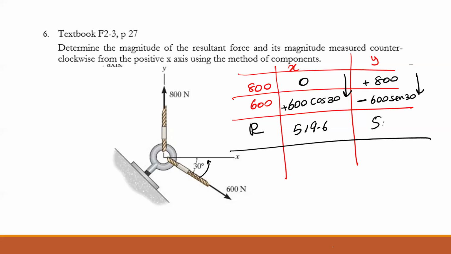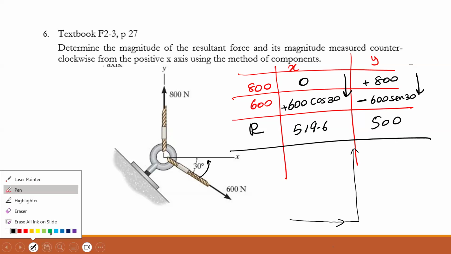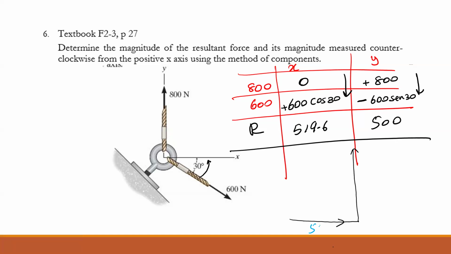So this is 500. Now we can draw it. 519.6 towards the positive x side, 500 towards the positive y. So this is 519.6, this is 500. So our resultant is like this.